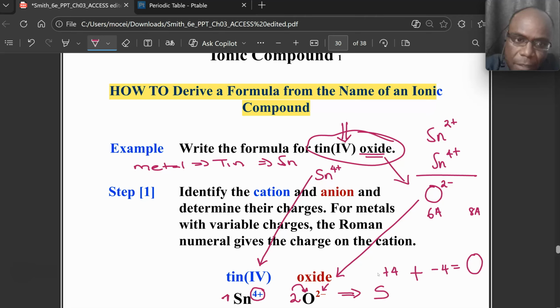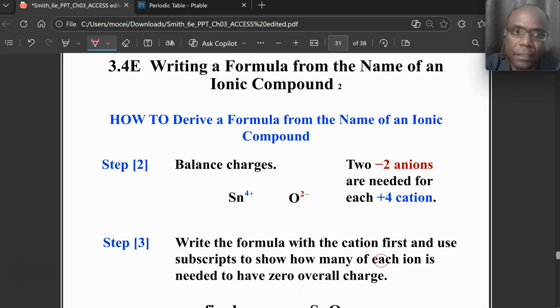So the formula will be Sn with subscript 1, O with subscript 2, implying the formula will be SnO2, and that is the formula for tin 4 oxide. That is exactly what's being done here.